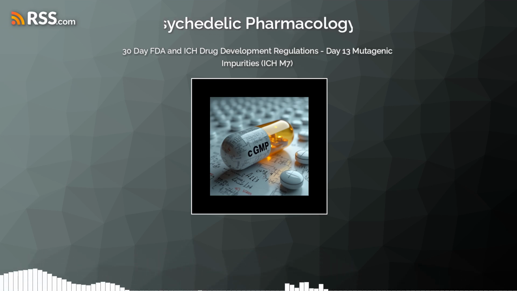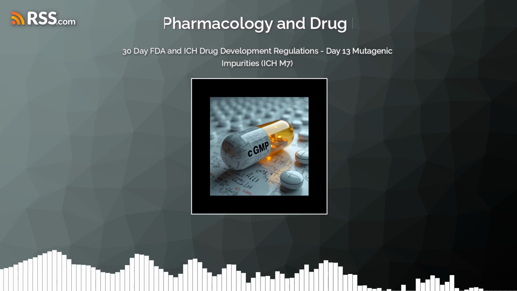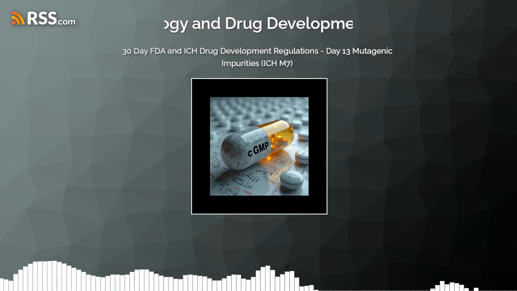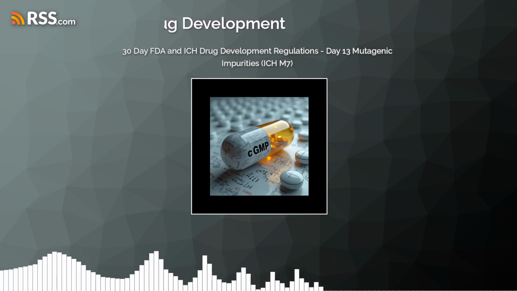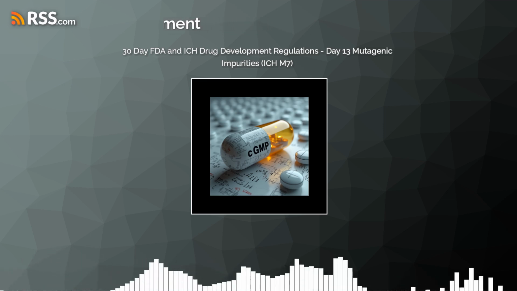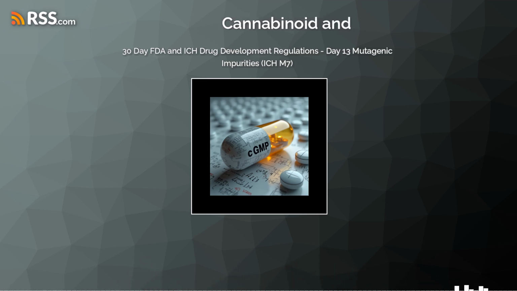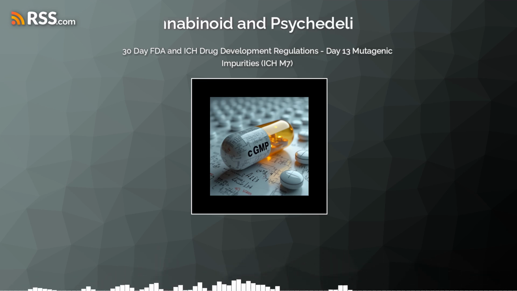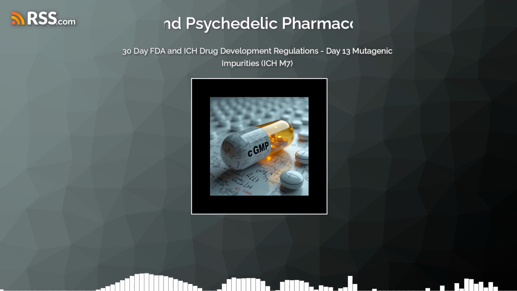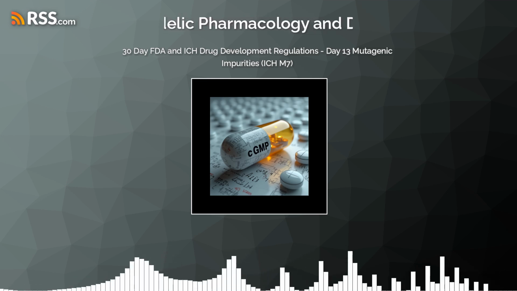It's like this delicate balancing act, trying to optimize those therapeutic benefits while minimizing any potential harm. Precisely. And ICH-M7 provides a framework for navigating that balance, guiding researchers and manufacturers in making informed decisions throughout that entire drug development process.